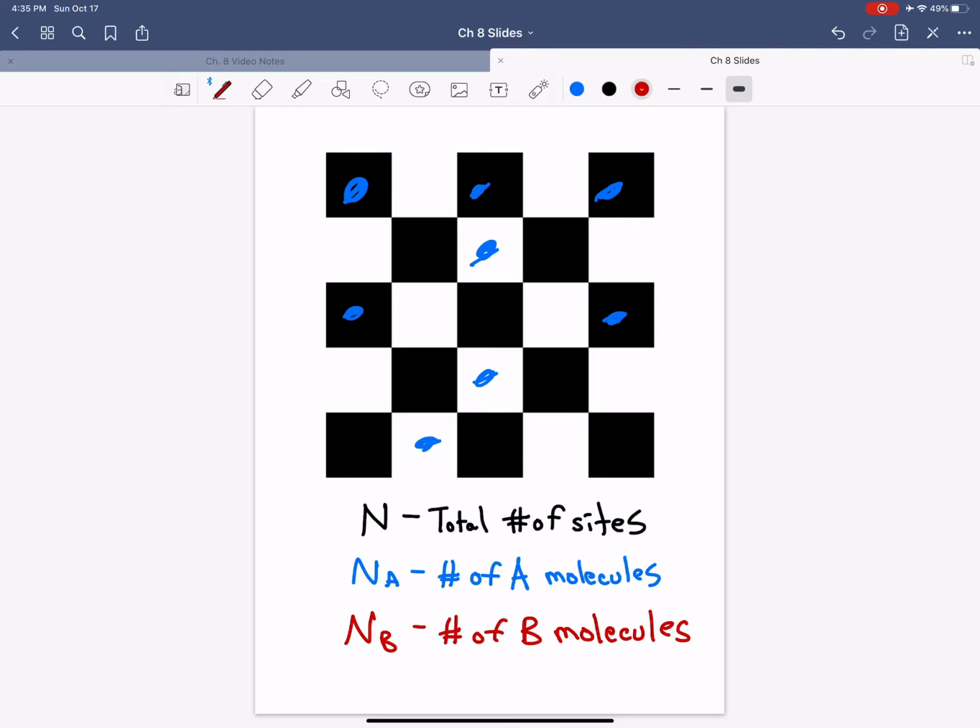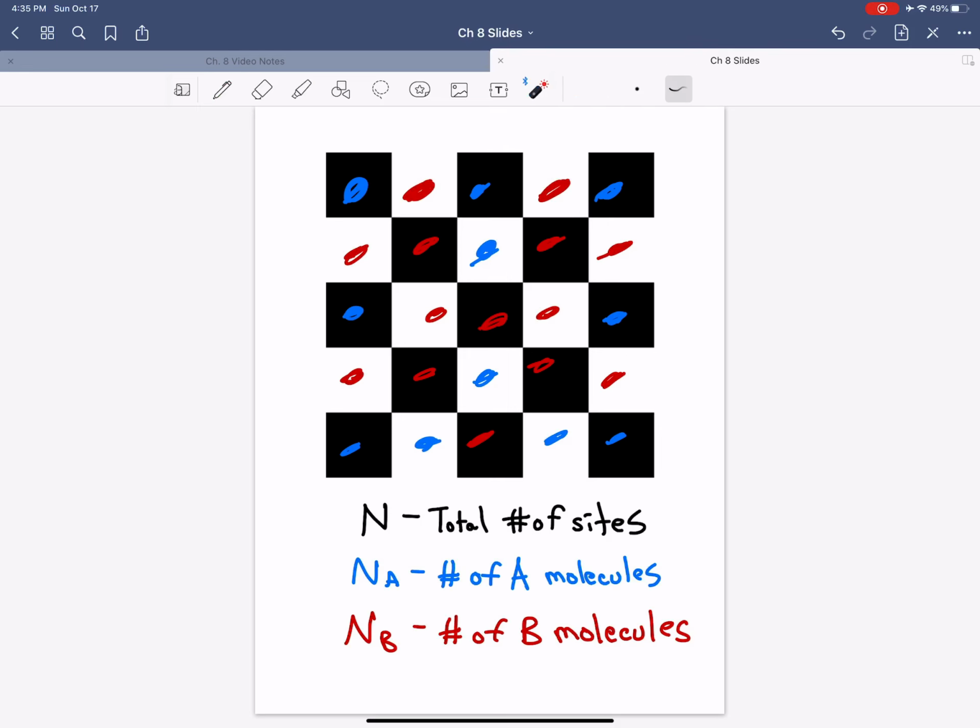And then the B molecules would be here, here, here, here, here, here. And let's add some more A molecules for good measure. Okay? So we have a total of 25 different molecules, and they fill up each of the different sites.